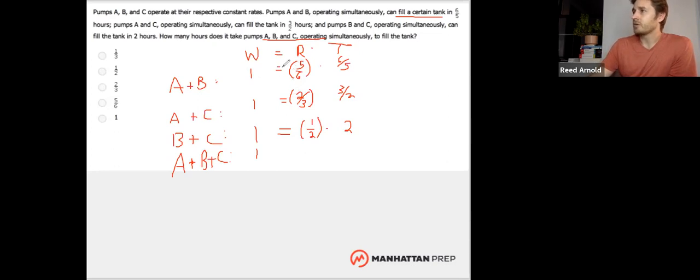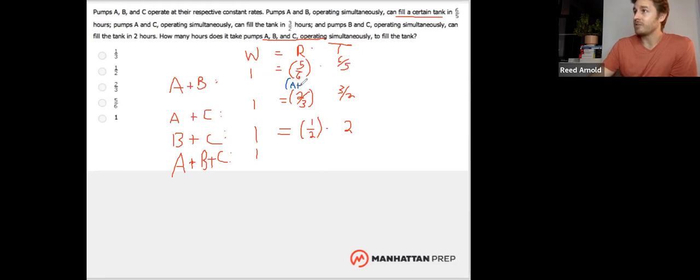And here's the crucial insight that finally made these questions more manageable. When individual items or machines or people work together, you can add their individual rates to get the combined rate. Now, this one's a little bit tricky because I don't ever have any individual rates, right? I don't have A, I have A plus B's rate.